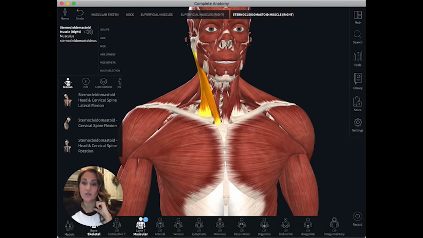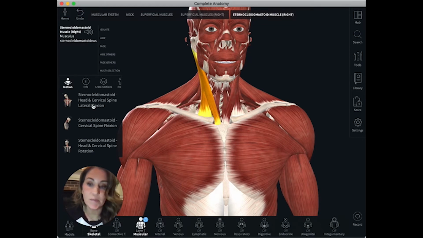Again, that is if one side of the sternocleidomastoid contracts. If both sides of the sternocleidomastoid contract, I'm going to have a flexion of my cervical spine. So my neck will come down.